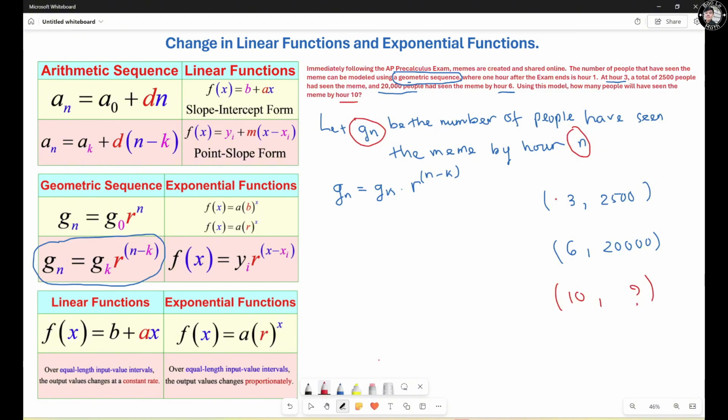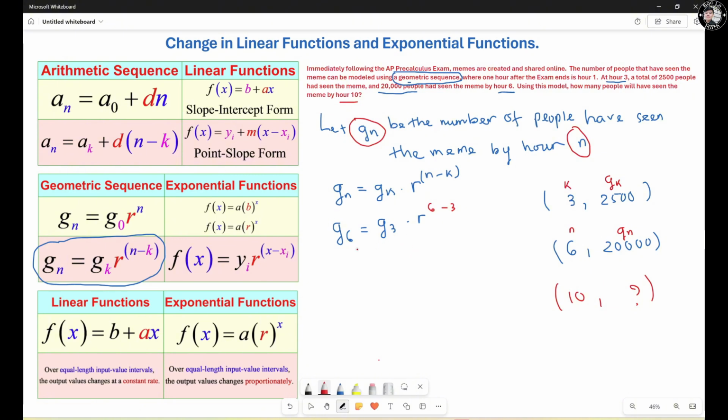Alright, look at this one. 6 is bigger than 3, so we label this one as k. This is g sub k. Now this is n and this is g sub n. So we have g sub 6 equal to g sub 3 times the common ratio to the power of 6 minus 3, which is n minus k.